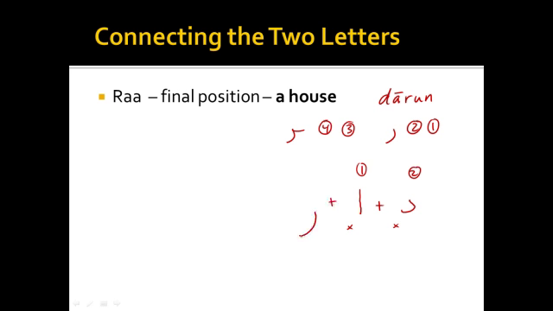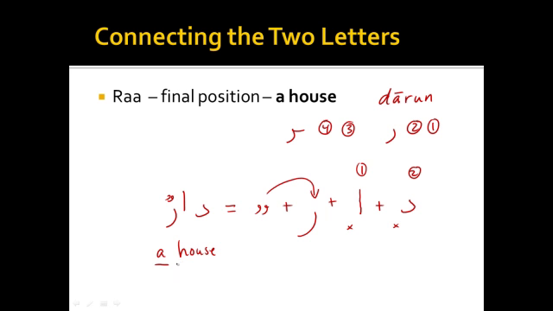The ra does connect to what comes before it, but it can't because the alif doesn't connect to what comes after it. So we're going to write the ra here, and then we're going to write the Damma Tanween. But remember, the Damma Tanween is going to sit on top of the ra. So when we write this together, it's going to look like this. Dal, alif, ra, Damma Tanween. Darun, meaning a house.